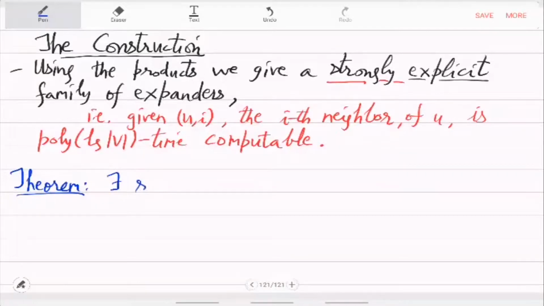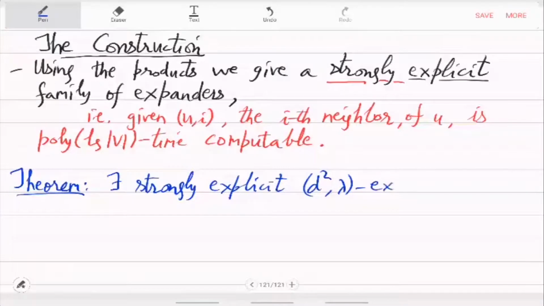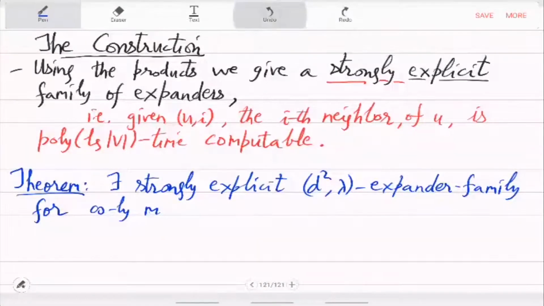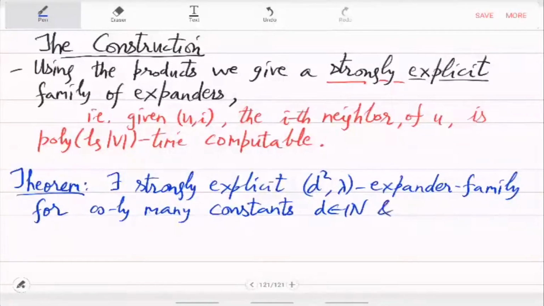So, there exists a strongly explicit d square lambda expander family for infinitely many constants d and lambda.